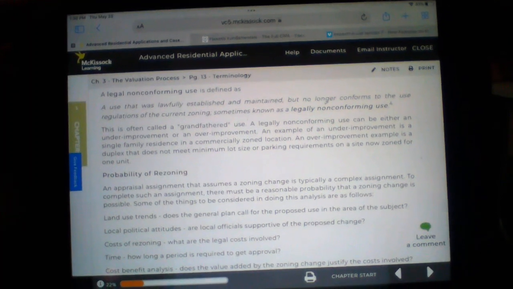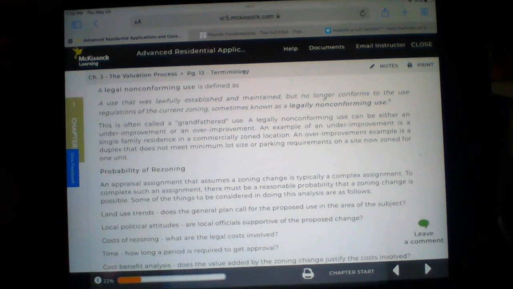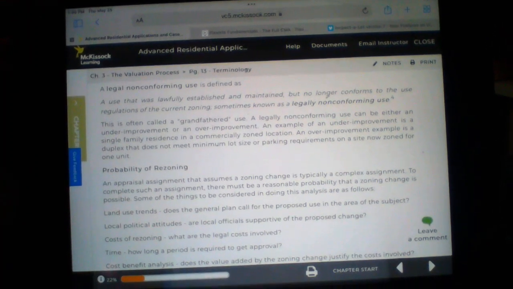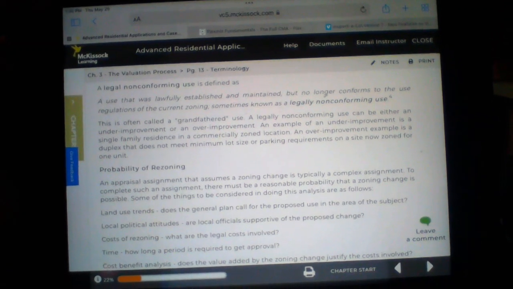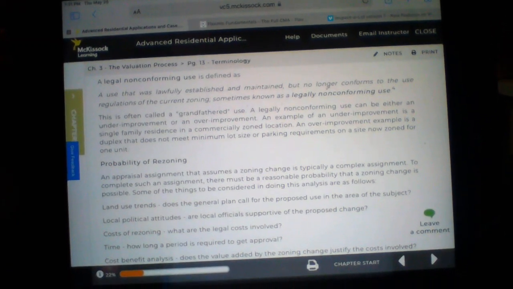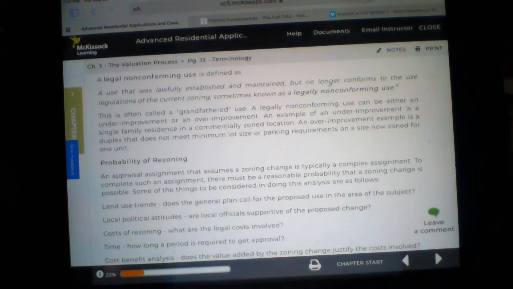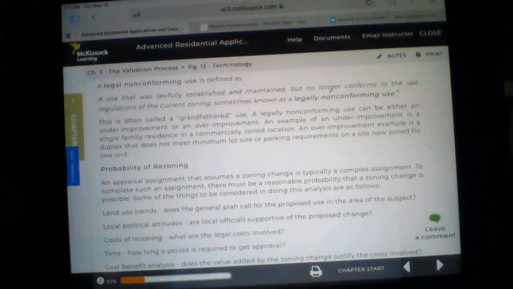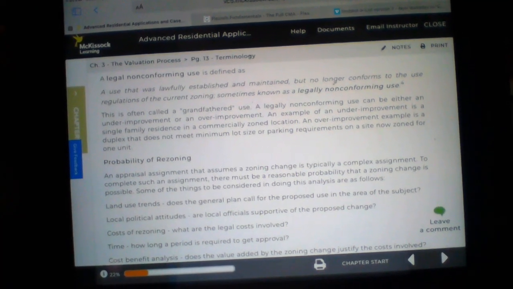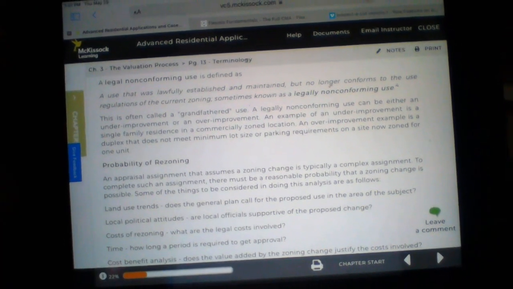An over-improvement example is a duplex that does not meet minimum lot size or parking requirements on a site now zoned for one unit.